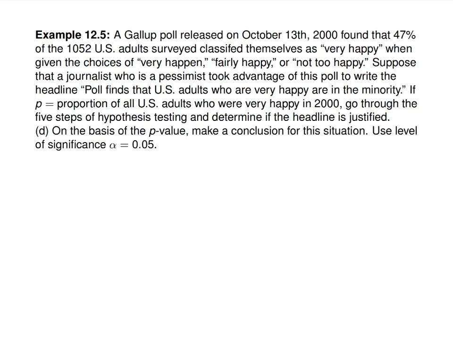And part D, on the basis of that p-value, make a conclusion. So in this case, you do indeed reject H0 and accept HA. And then just summarize in words that it is true that the proportion of people who are very happy is in the minority.